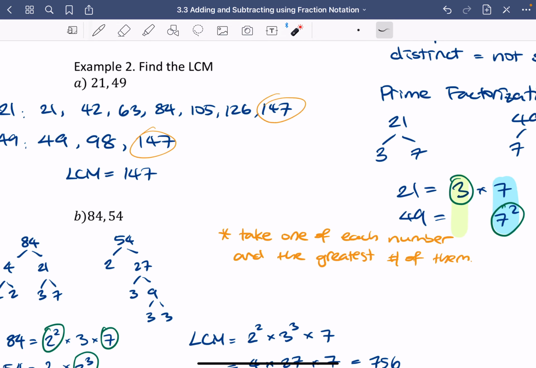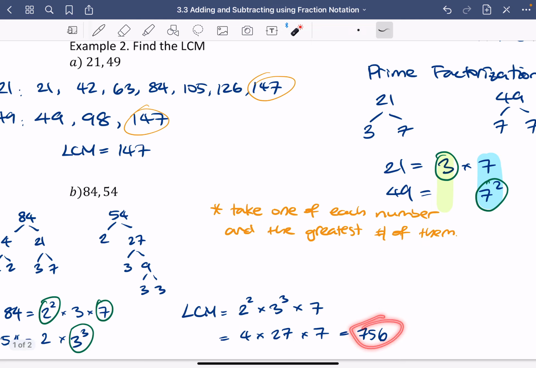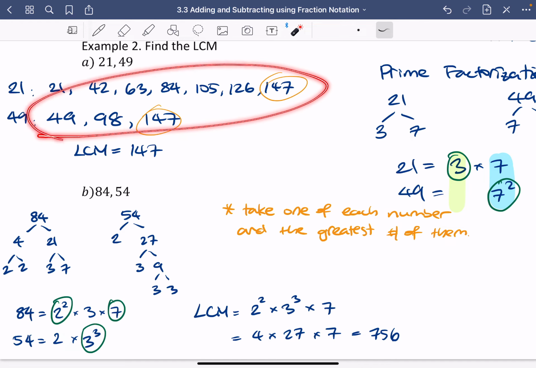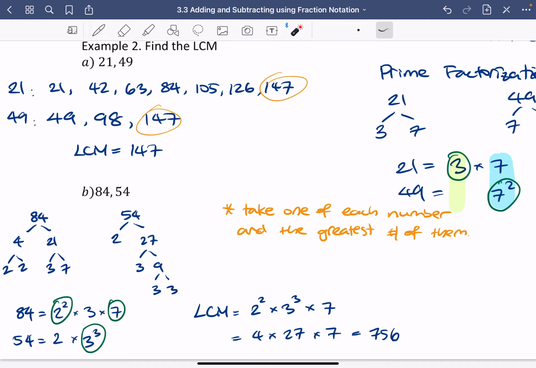So the lowest common multiple here is 756, and that's why I didn't find all the multiples, because it would be a lot of numbers to write. Using the first method is okay with smaller numbers, but if you have bigger numbers like these, just use the prime factorization. It will save you a lot of time.